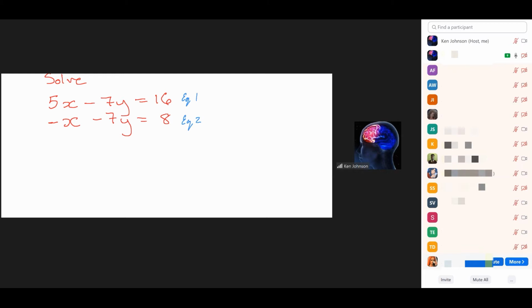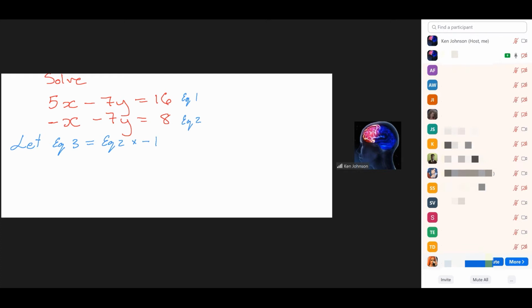All right, so I'm going to say let equation 3 be equal to equation 2 times negative 1. When we multiply by negative 1, every single term in that equation will change signs.